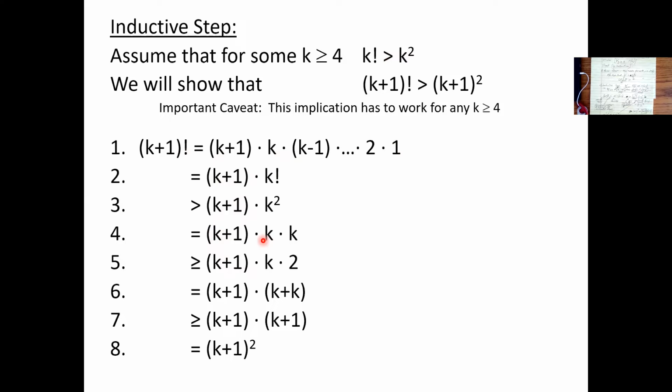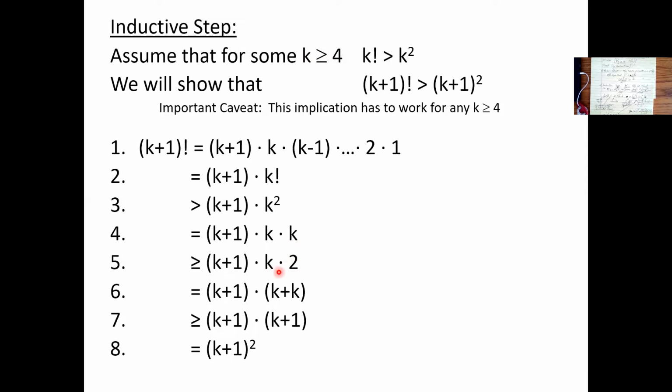Here is one way you can directly relate k squared to k plus 1. Replace k squared by k times k. Replace one k by 2, which you can because k is bounded from below by 4, so k is at least 2 as well.